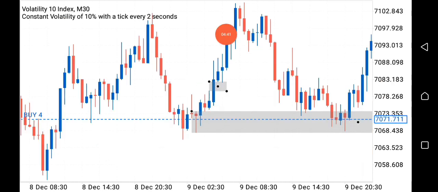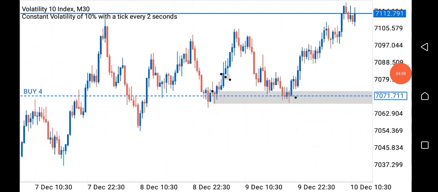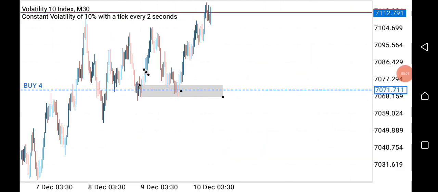The move has to take out a high and then it must have an imbalance. That is a valid order block. So you come down and look for a good order block that the market has to tap into and then bounce to the upside. So that was how I was able to spot this particular move.